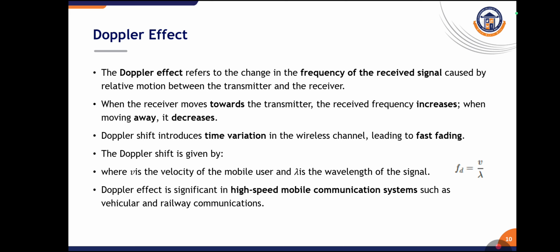Doppler shift introduces time variation in the wireless channel, leading to fast fading. The Doppler shift is given by the formula Fd equals V by lambda, where V is the velocity of the mobile user and lambda is the wavelength of the signal. The Doppler effect is significant in high-speed mobile communication systems such as vehicle and railway communications.